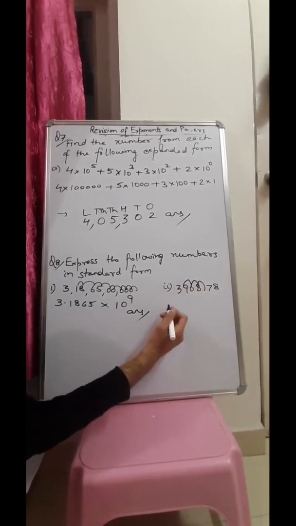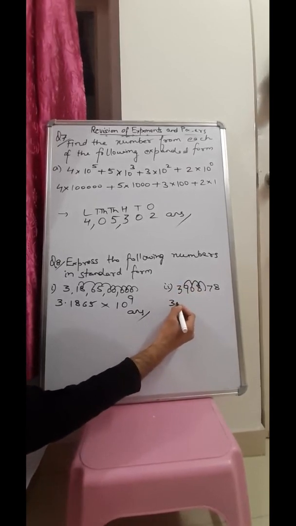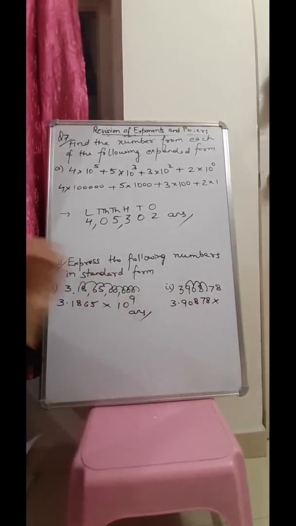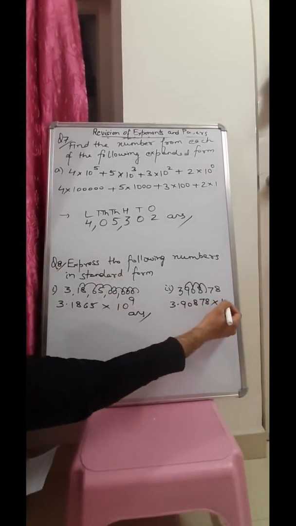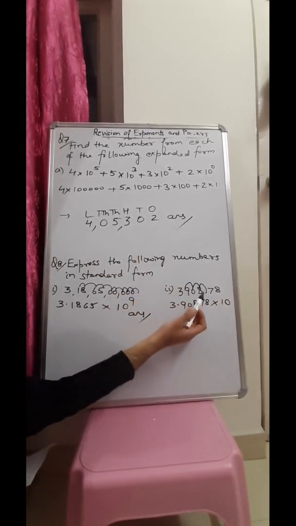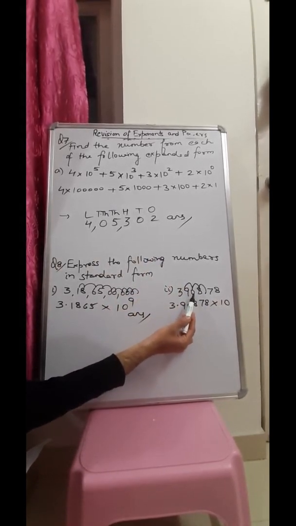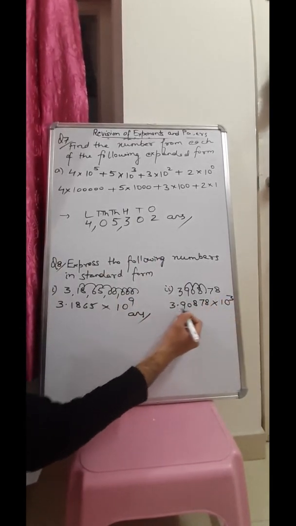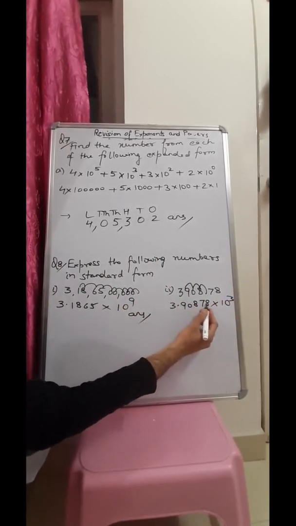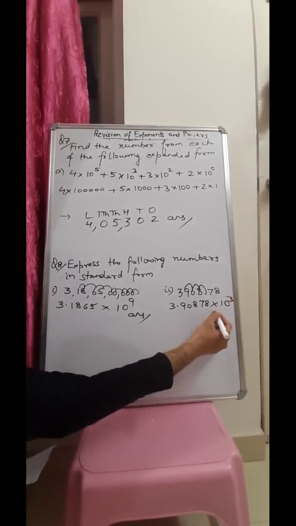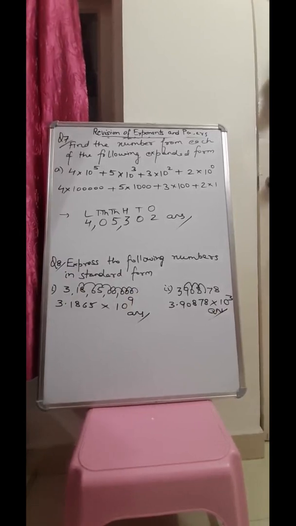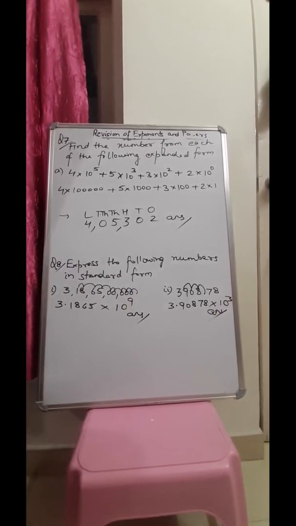So the number will come as 3.90878 into 10 to the power of the places shifted. How many places have I shifted the decimal? 1, 2, 3. So the power of 10 will be 3. So the answer will be 3.90878 into 10 to power 3, and this is the answer. So in this way we can write in standard form.